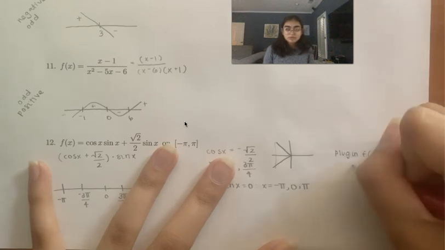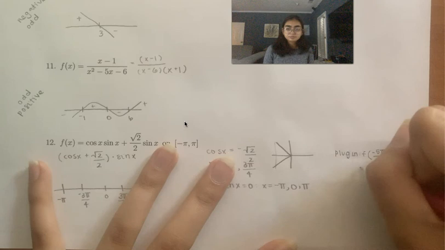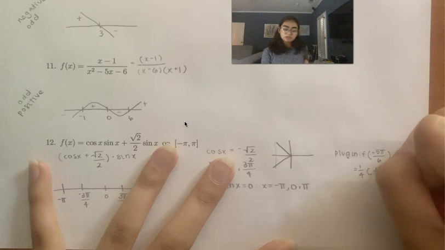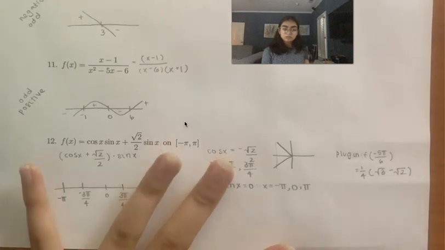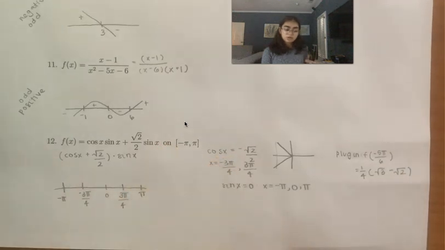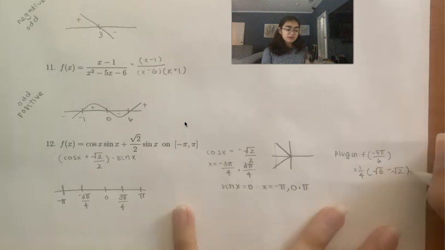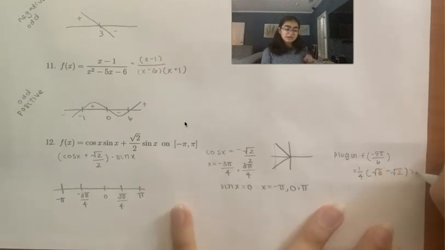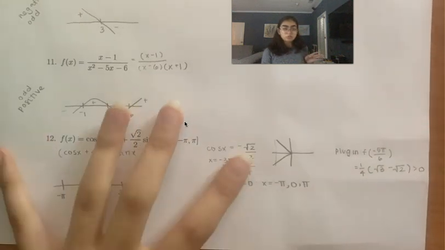Once we plug in that number, we get 1 over 4 times square root of 3 minus square root of 2, and that's positive, right? That's greater than 0. So that's one of our intervals down. We know that between negative pi and negative 3 pi over 4, the function will be positive.